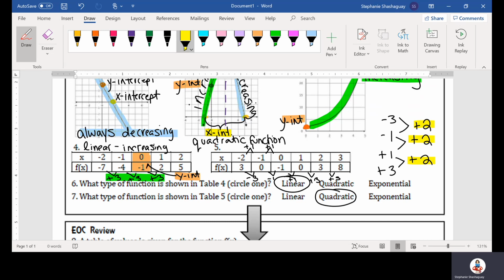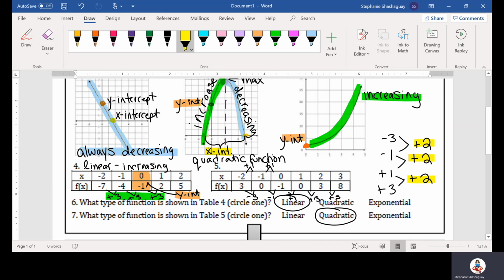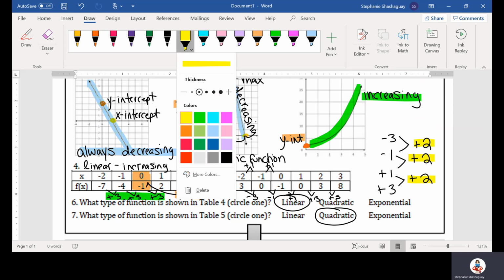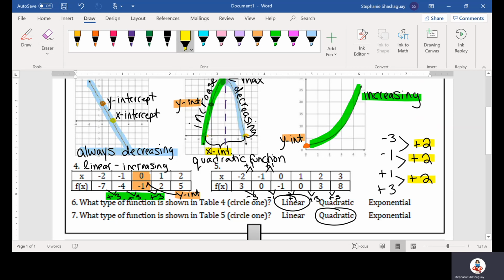Now, we do still need to determine our maximum value or our minimum value, and our x-intercept and y-intercept. Now I can determine by looking at this table that my vertex is going to be at 0, -1.